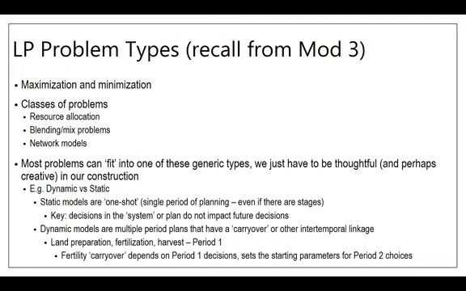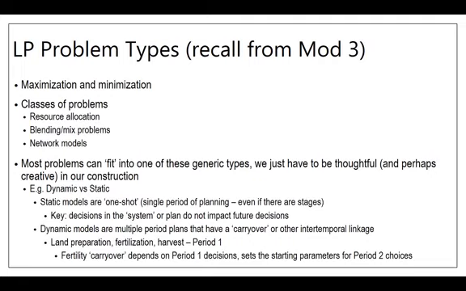We've talked about crop programs, crop planning models, just because they're the classic teaching tool. But you could think about it simply enough: land preparation, fertilization, and harvest being distinct stages in a planning period. And that fertility that's added in one period may have a carryover. A carryover equation: what is the status of the land fertility at the start of period one, and what's the status at the end of period one?